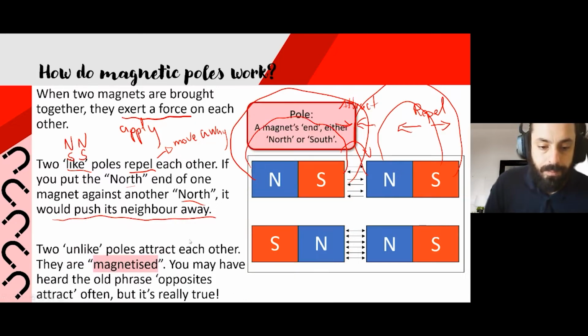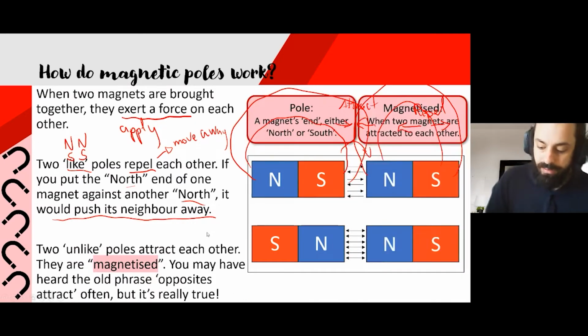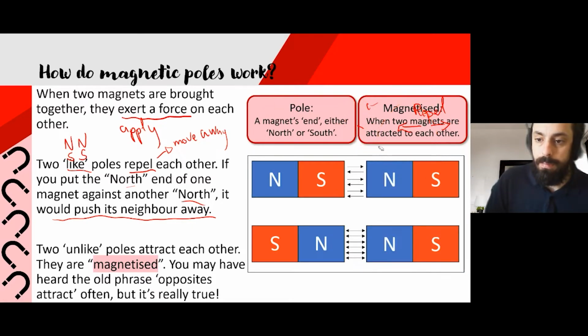Okay, so now there's a different story for unlike poles. So unlike poles are different poles, okay? So different. And it could be north and south, or south and north, they will attract each other.